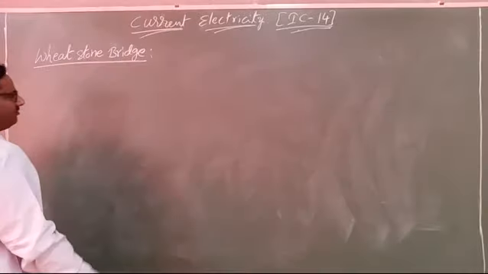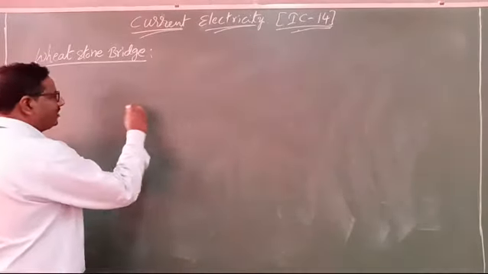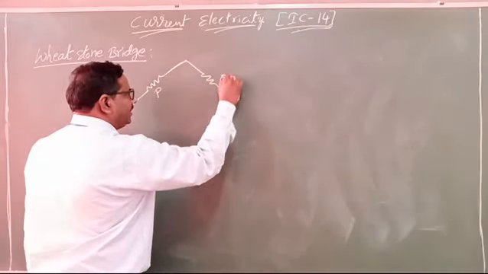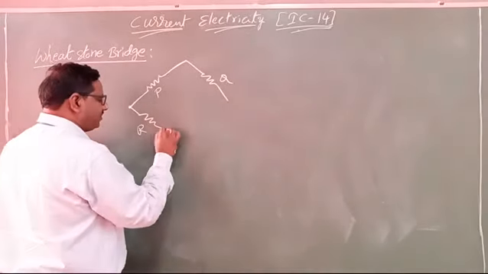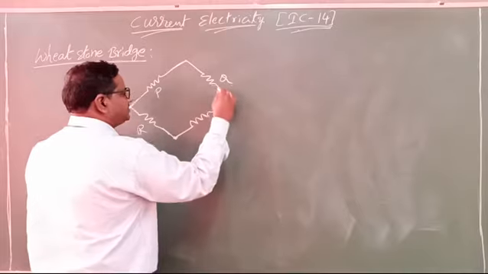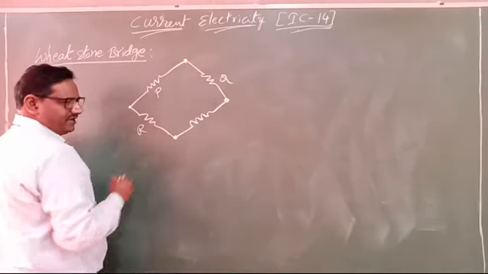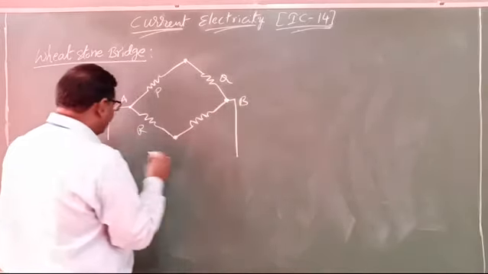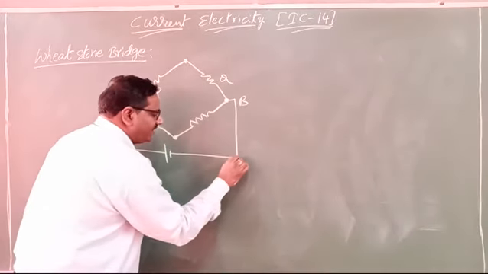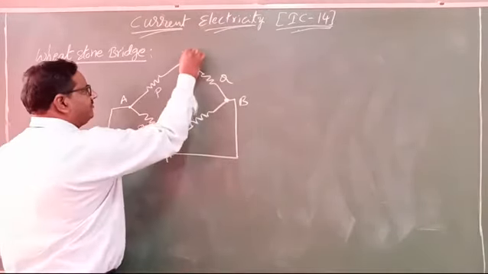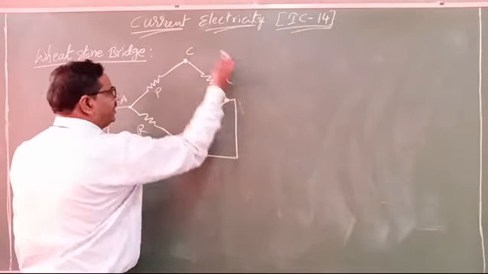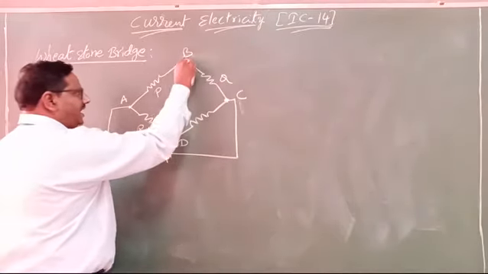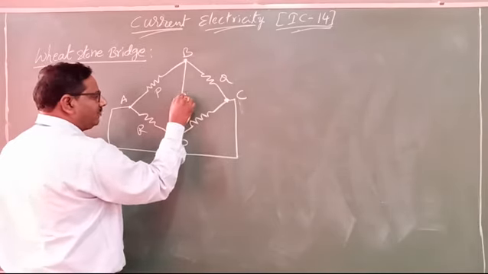Wheatstone introduced four resistances: one is P, one more is Q, the third is R, and the fourth is S. These four resistances are formed as a bridge, connected with one EMF source. Taking the points in order as A, B, C, and D, between B and D they connect one galvanometer.